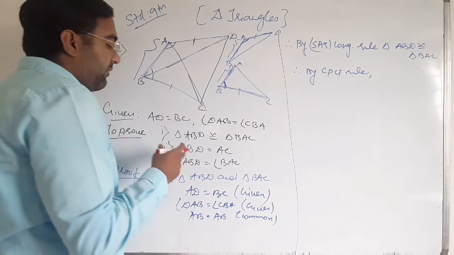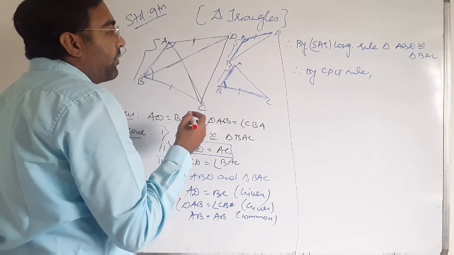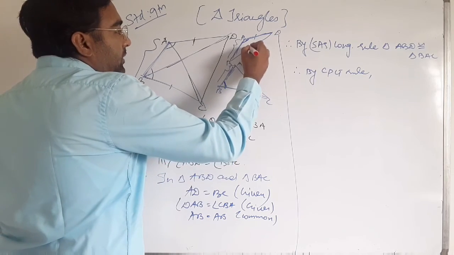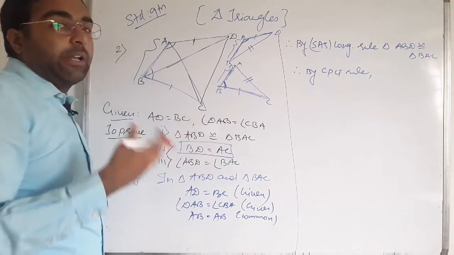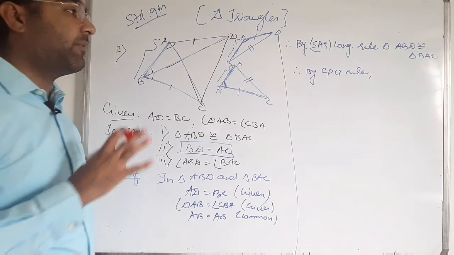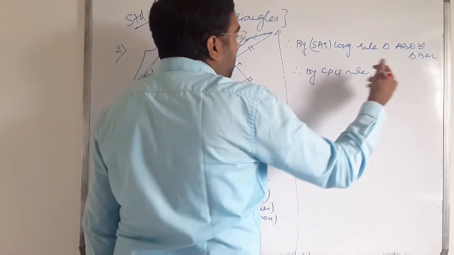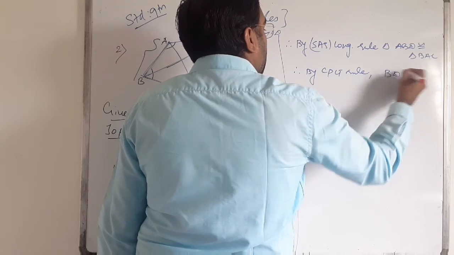BD and AC are the remaining sides of the congruent triangles. Therefore, by the CPCT rule, BD and AC are also equal.